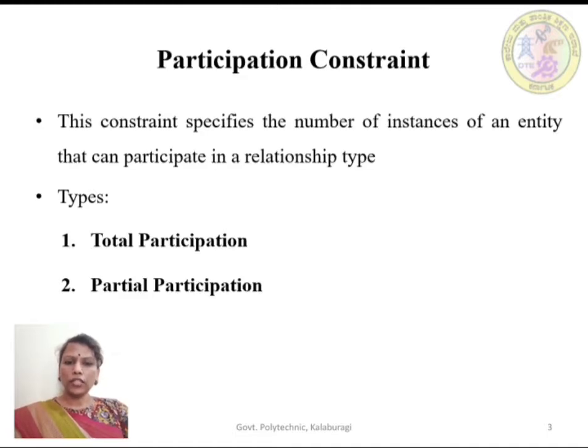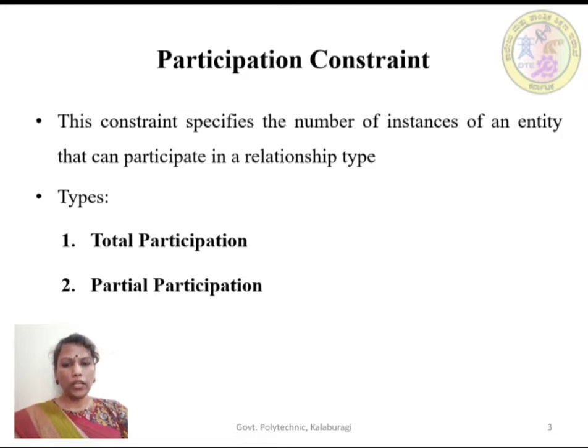See, participation constraint is nothing but it specifies the number of instances of an entity that can participate in a relationship type. Remember, in the previous session, I explained the cardinality ratio. There we were discussing that cardinality ratio specifies the maximum number of instances participating in a relationship.